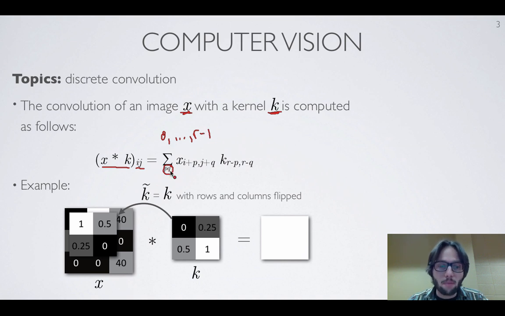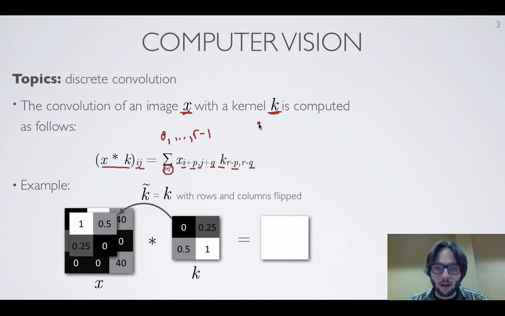So for all possible offsets, all combinations of these numbers, we'll look at the pixel at position I and J, offset by P and Q, and we'll multiply that by the element in the kernel matrix at offset P and Q, but where now the offset is taken with respect to the bottom right corner of the matrix.